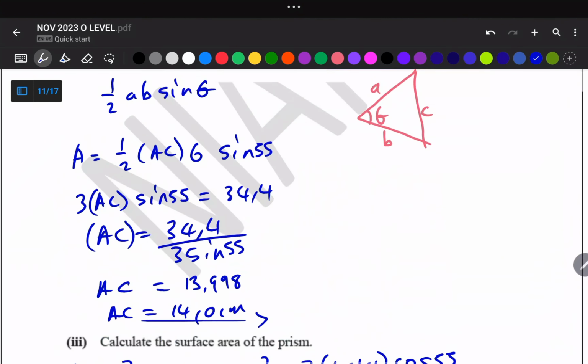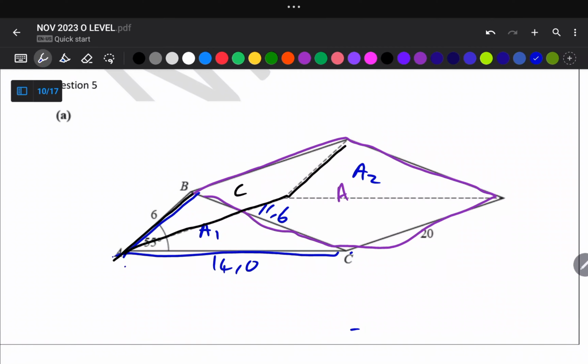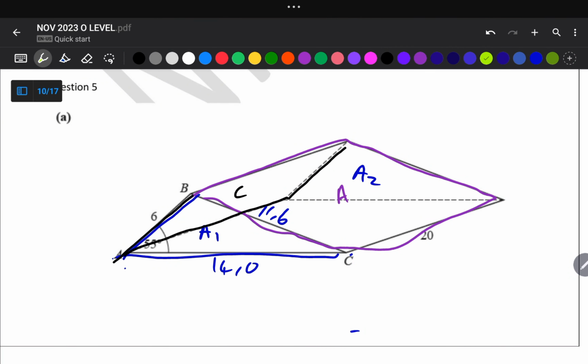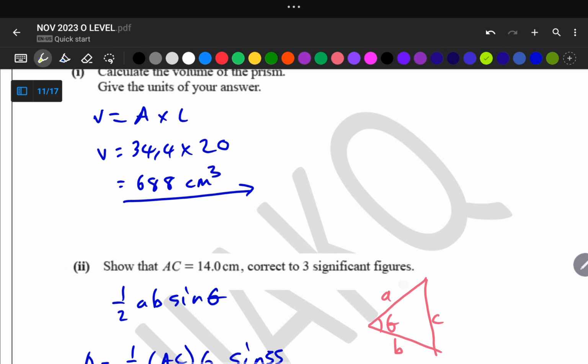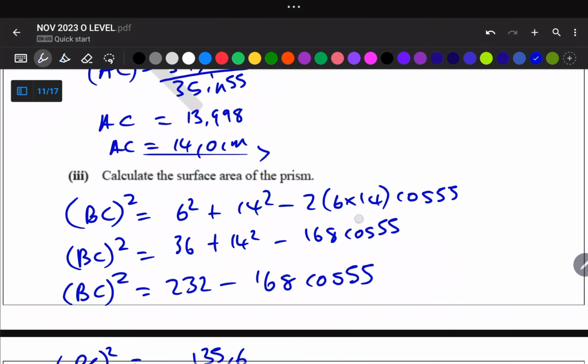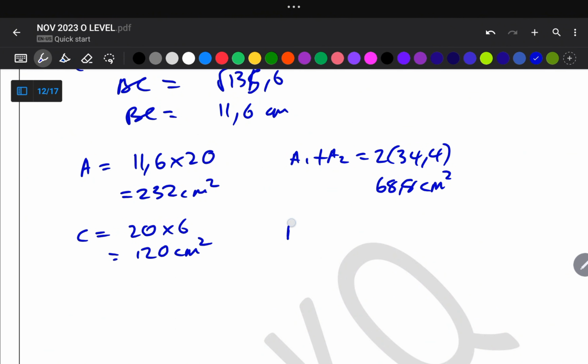And then lastly we are having this side here, this shape below the prism. So here it is 20 multiplied by 14. So area of this, you can label it D. So area of D is equal to 14 multiplied by 20. So 14 multiplied by 20, this gives us 280. So it is 280 square centimeters.